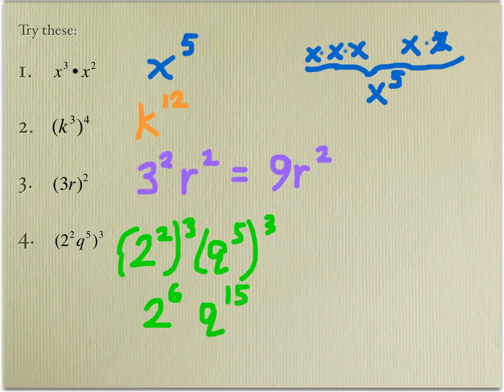Now 2 to the 6th power, let's see, 2 to the 4th is 16, 5th is 32, so 2 to the 6th power I believe is 64. So my final answer here would be 64 q to the 15th.